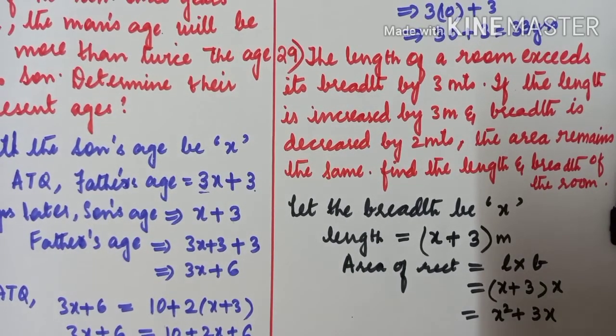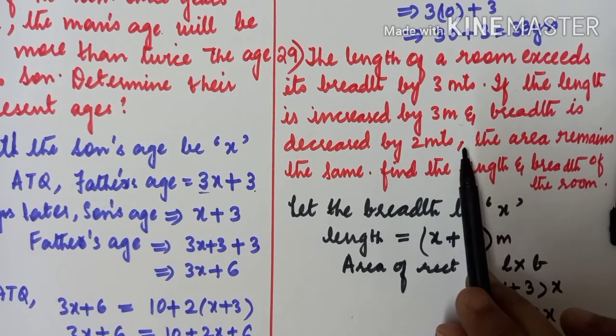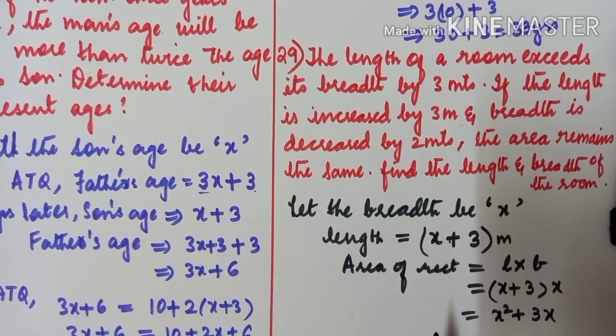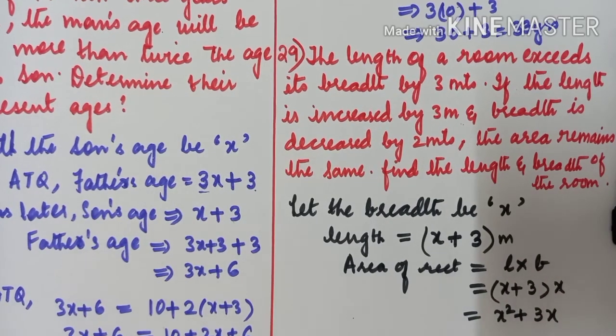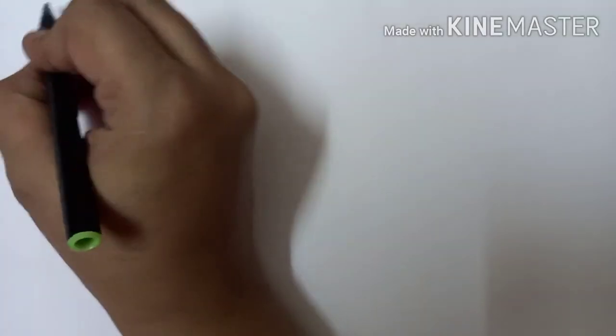Now what is given more? If the length is increased by 3 meters and breadth is decreased by 2 meters, the area remains the same. So what is your length now?